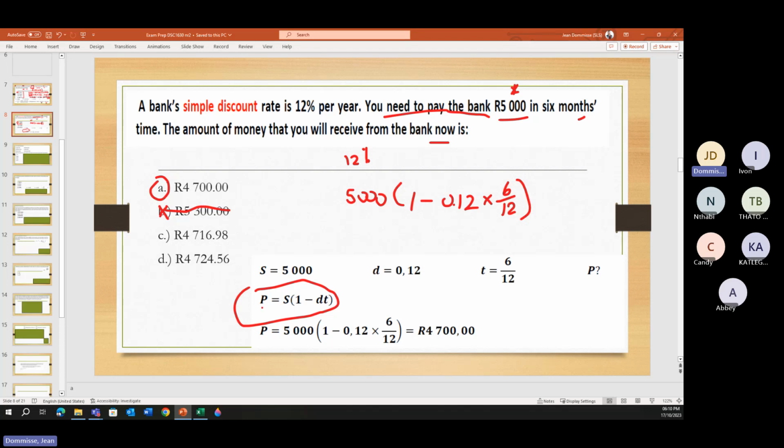So here we needed to work out P. They can give us that answer so that we need to work out S. What they can also do, and that I've seen a few times, is that they give you the two values for S, the future value and the present value, and they ask you to work out the discount rate. A few ways that they can tweak this question.